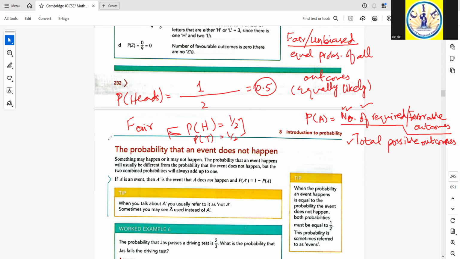And in parallel to this, when we use the word biased, that means the probabilities of all the events or all the outcomes are not the same.